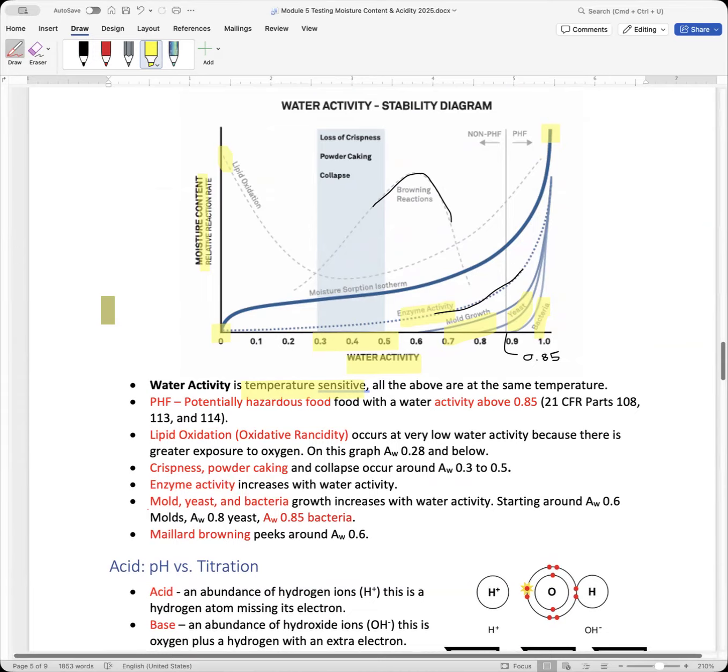It's a really important concept that you understand the difference. While moisture content can be really high, if the water activity is low, then you don't have to worry about bacteria, yeast, and molds. But if the moisture content is low but the water activity is high, then you have to worry, especially when it comes to food safety.